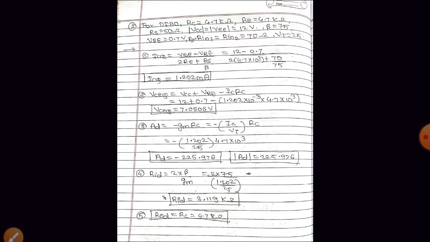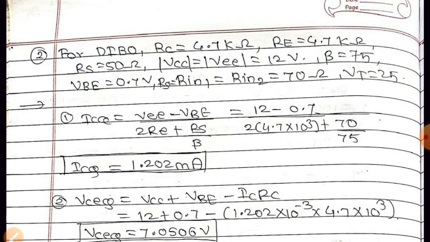In the same way, second example also, for DIBO, RC is equal to 4.7 kilo ohm, RE is equal to 4.7 kilo ohm, source resistance 50 ohm, VCC is 12 volt, beta is equal to 75, VBE voltage drop 0.7 volt, RE is equal to 70 ohm, VT is equal to 25.